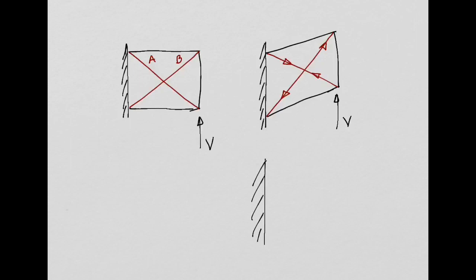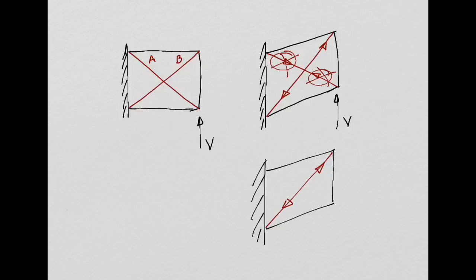What is going to happen is that this plate is going to have only this strut B in tension, carrying the load, yeah? Because once this strut A buckles, it means it cannot carry the load anymore. So it's gone, okay?